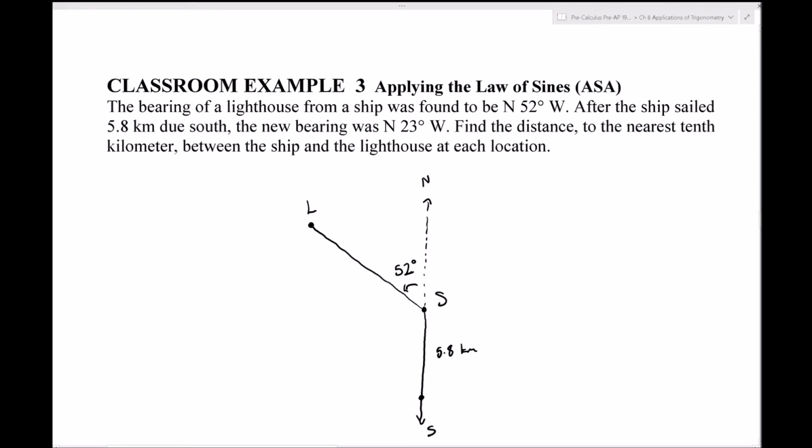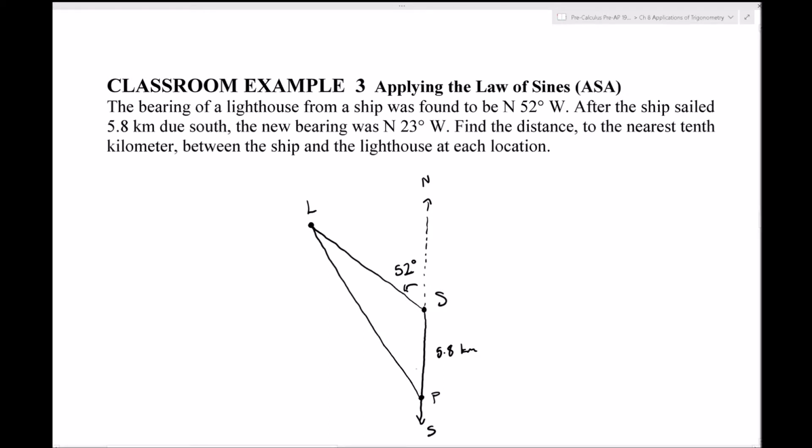Before they say to find the distance, they tell us the new bearing. So the new bearing from the ship to that lighthouse, if I were to draw this as a straight line to the best of my ability, it's not too bad. We can call this point, let's say, P. There's no alphabetical order in which I made that decision. So just P, whatever. That's the new position of the ship.